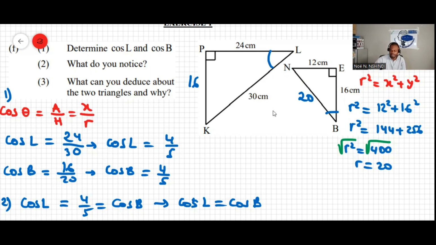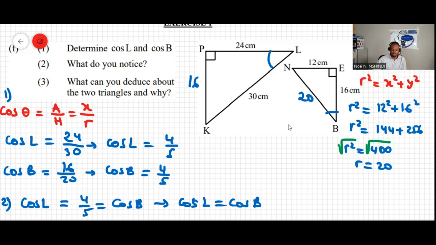If you don't see it yet, let me explain it another way. The fact that this angle and that angle are equal, and they're both 90 degree angles, means that the two triangles here are similar triangles.